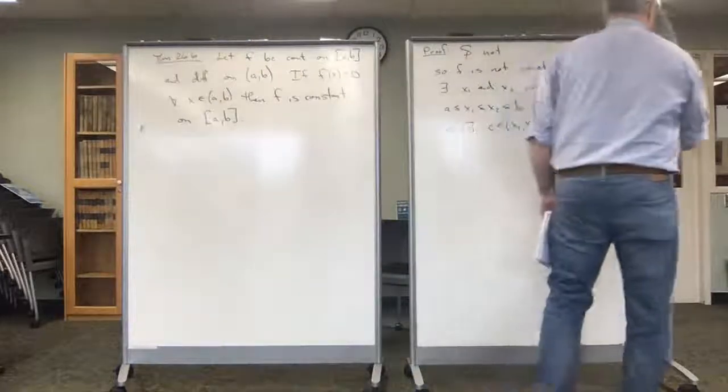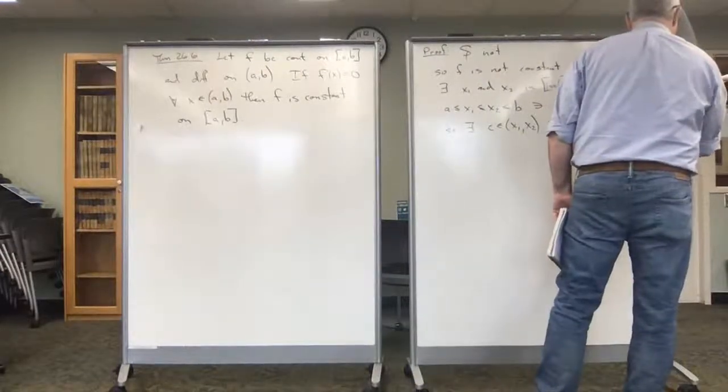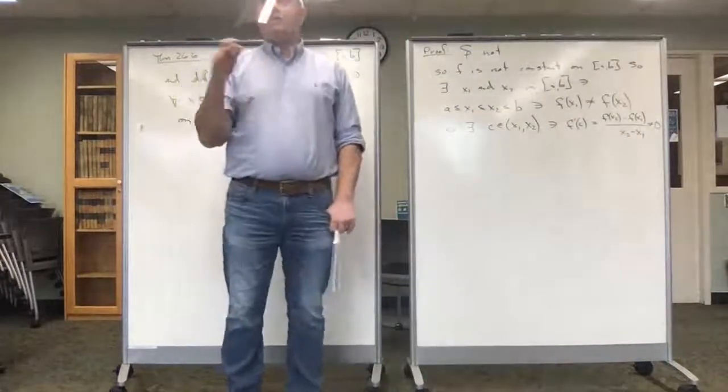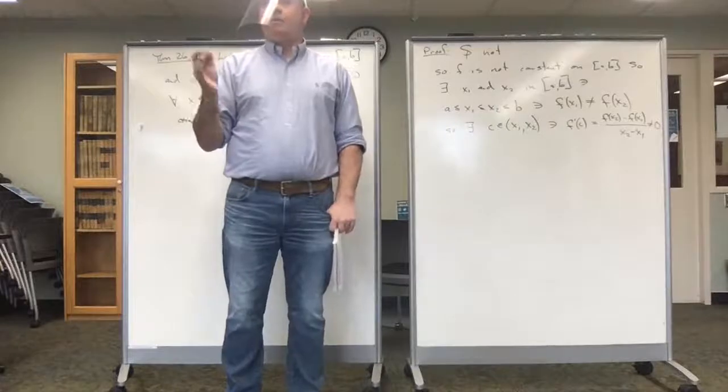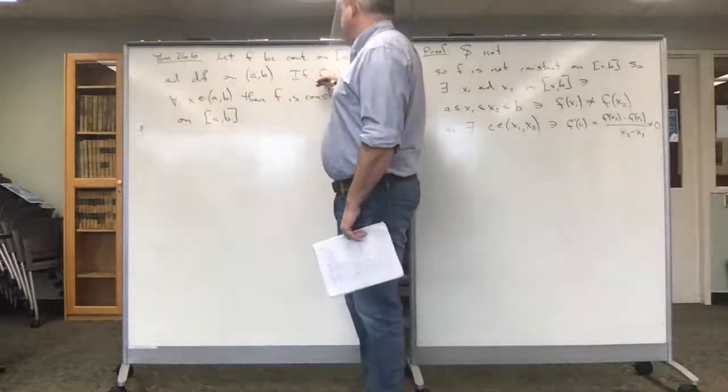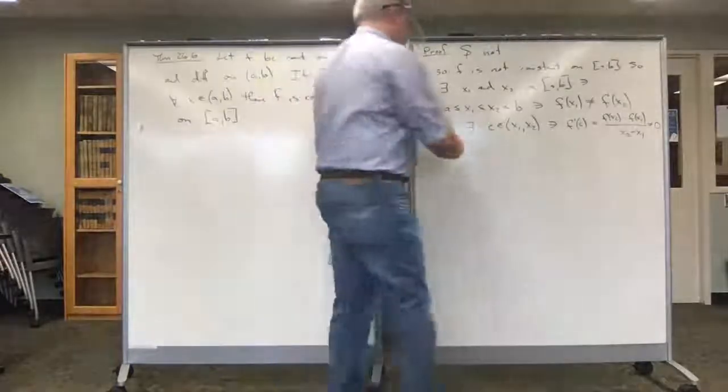So this thing is not zero, but that's a contradiction because I just found a point in between a and b where the derivative is not equal to zero. And I said that the derivative is identically zero. So that's a contradiction.